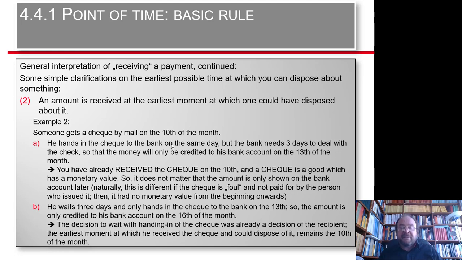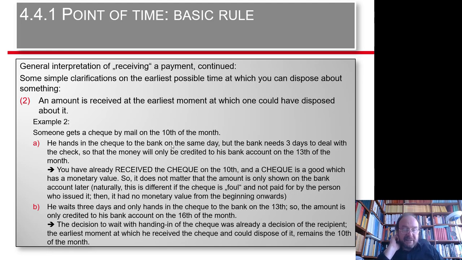And if that check is not what we in Germany call a foul check, so if it's not a rotten check which is not paid, then this check has already a monetary value. So you received a revenue on the 10th of the month when you open the letter and get the check.